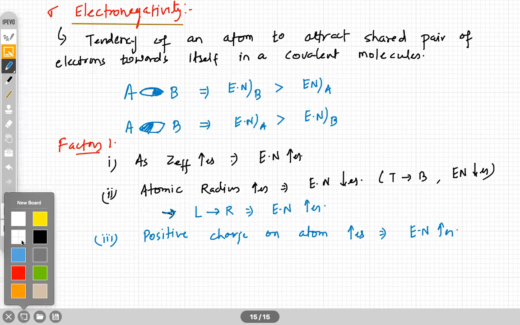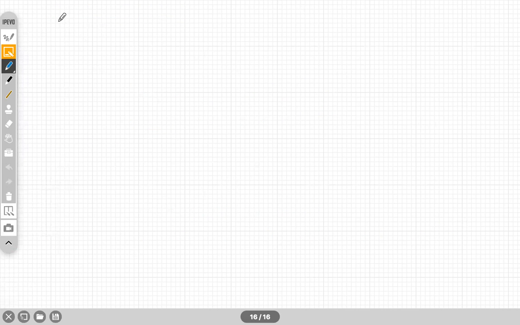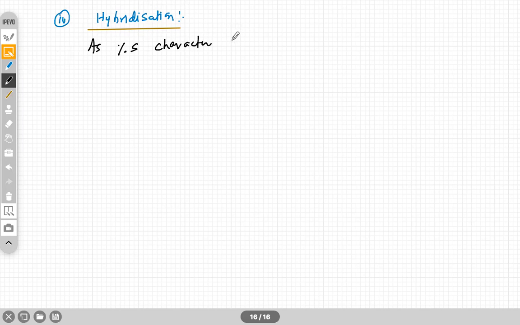Okay. Now, the fourth one is hybridization. If you remember, we have also discussed this. The concept of hybridization we'll discuss in chemical bonding in detail. But in this GOC, we have discussed that as percentage s character increases, electronegativity increases.